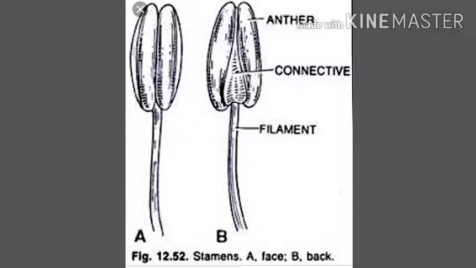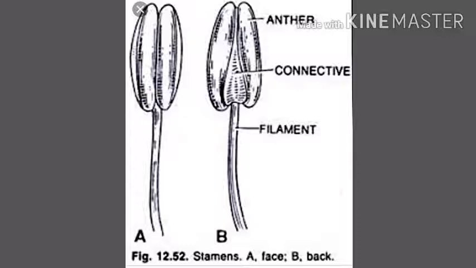Calyx, green in color, carries out photosynthesis, protects in bud condition flower. Corolla, large petals, presence of the scent of essential oils, varied in color, and it is meant for attraction for insects for pollination.